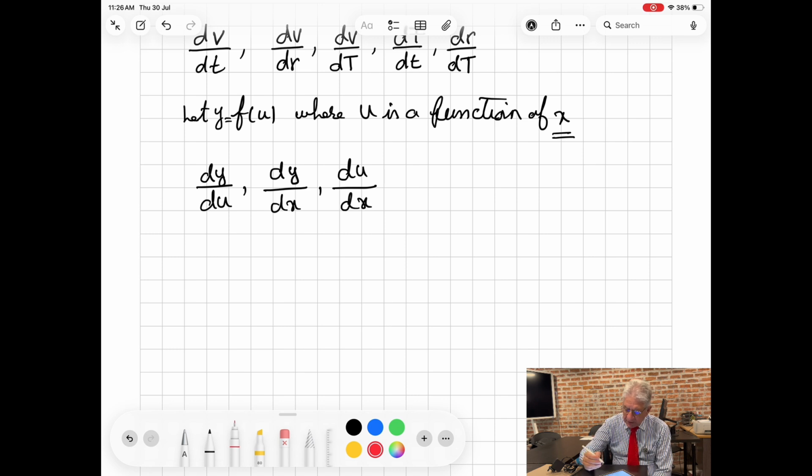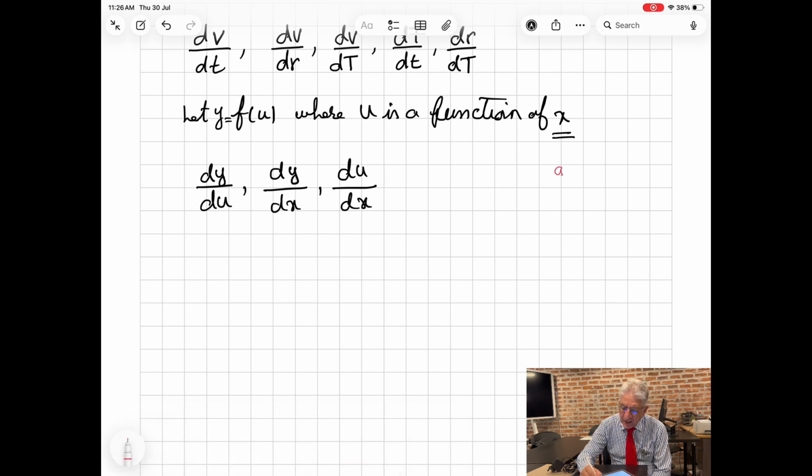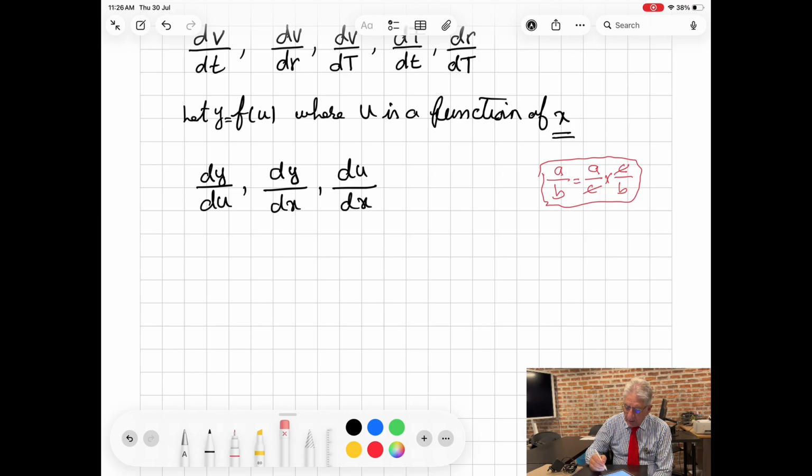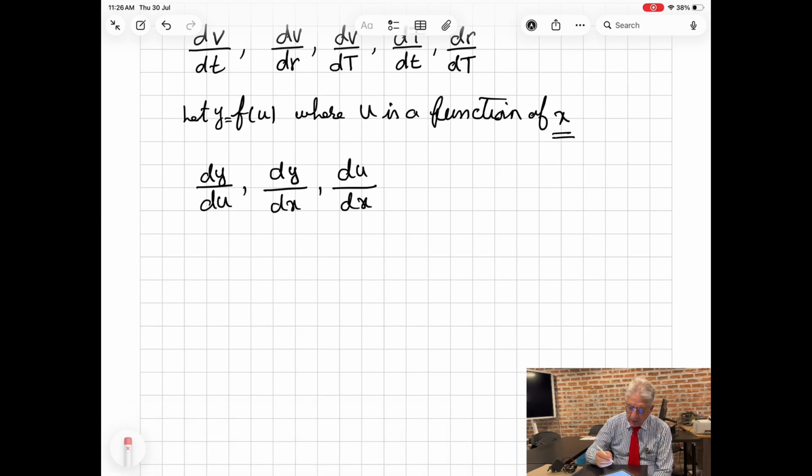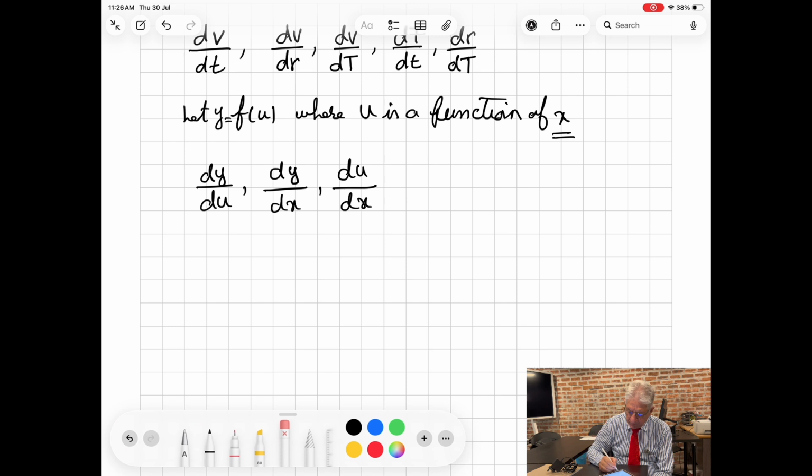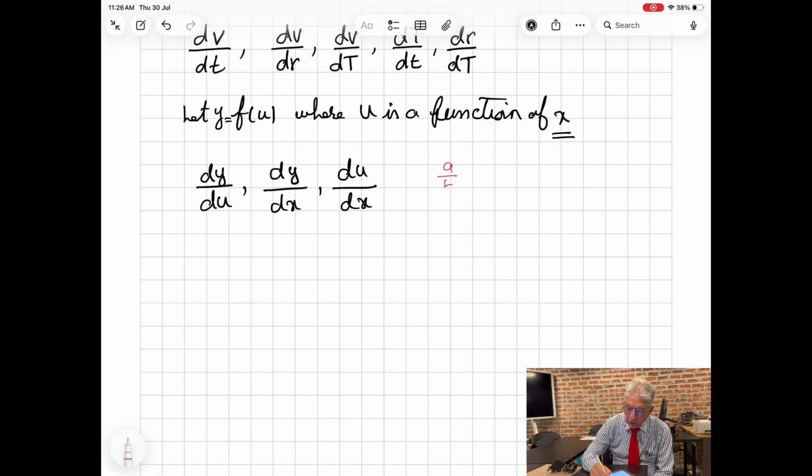In simple arithmetic, you have learned that a over b is same as a over c times c over b. You can see that this cancels this, so that these two are exactly same. Therefore a over b is equal to a over c times c over b. These two get cancelled off. You are going to get a over b.